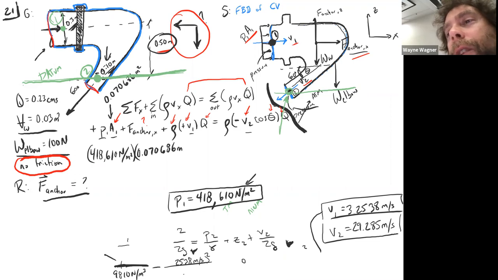0.070686 meters squared. Okay, plus F anchor in the X. Plus rho.